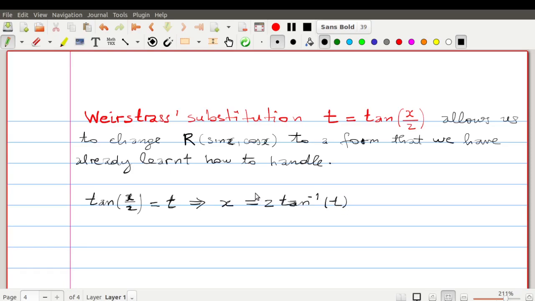And now from this we know already the derivative of tan inverse. Remember we saw that the derivative of tan inverse x is 1 over 1 plus x squared. So if we differentiate this, dx will be equal to what? We still have this 2 which will be in the numerator, and in the denominator will be 1 plus x squared, but what is our x here? It will be t, so 1 plus t squared.